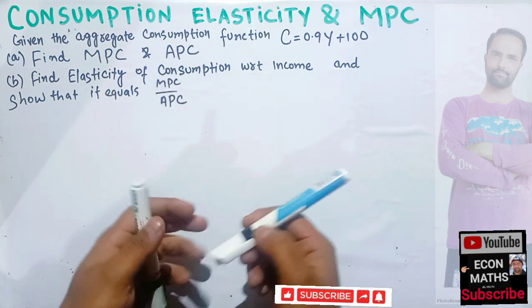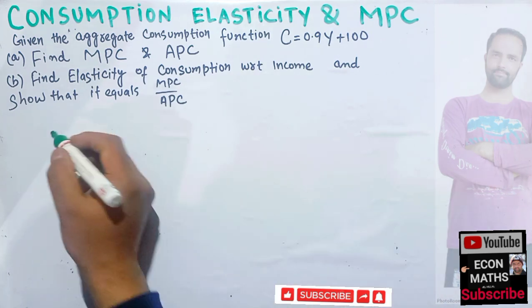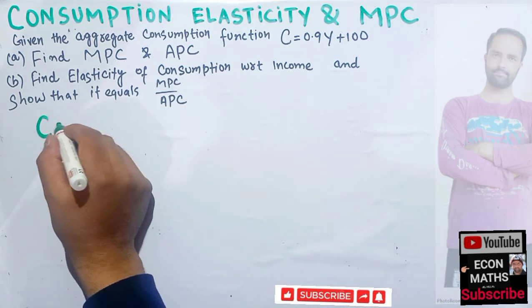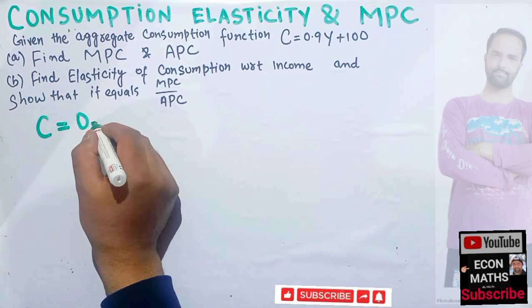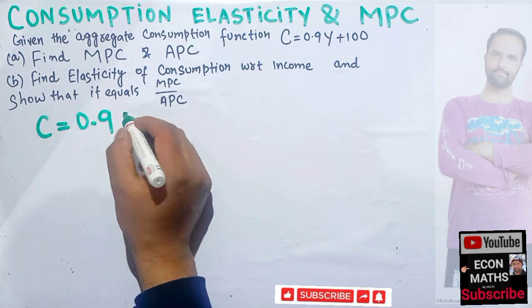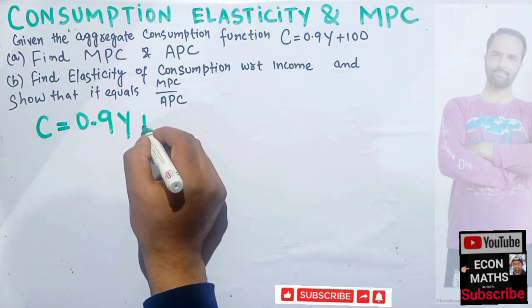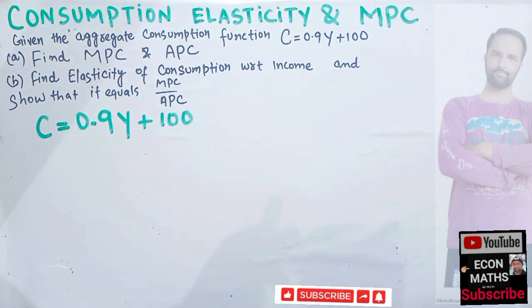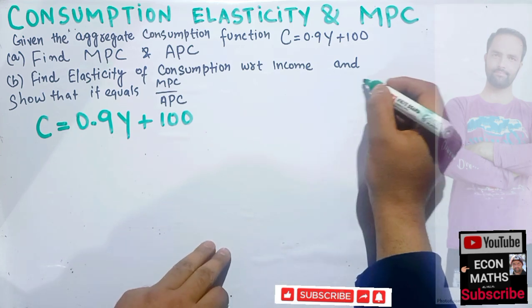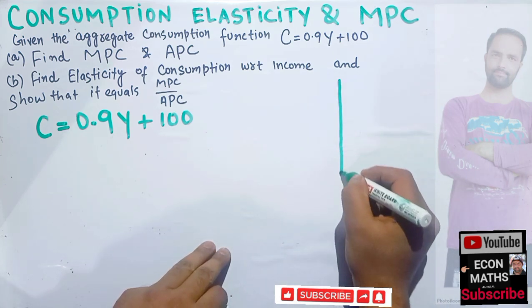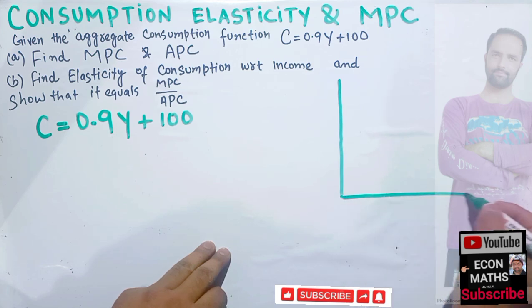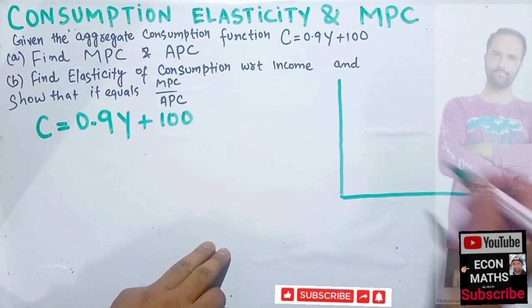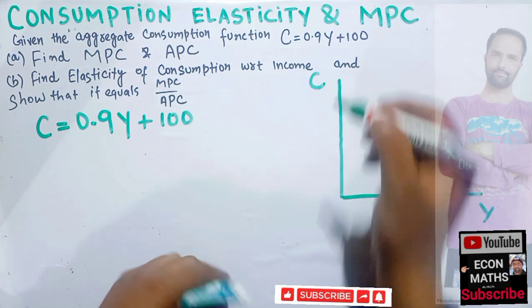Okay, so what are we being given? We are given a consumption function C = 0.9y + 100. If we try to graph this out, we can also graph it here to make things easier. So we have income on this axis and consumption on this axis.